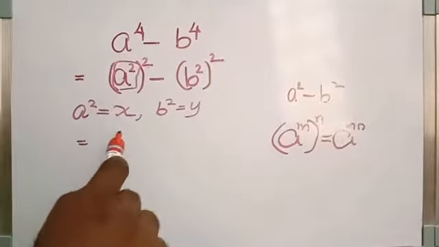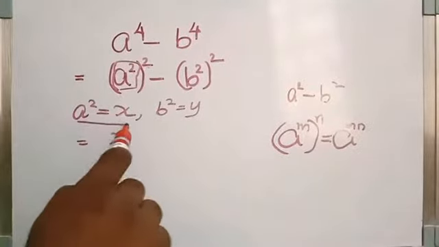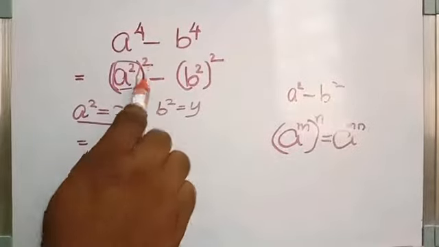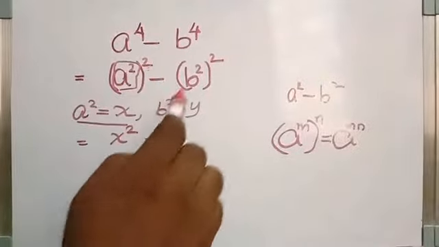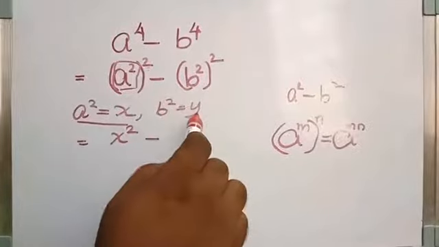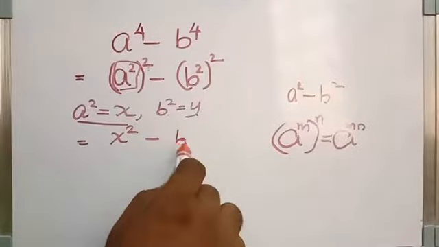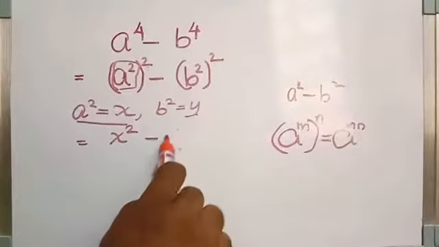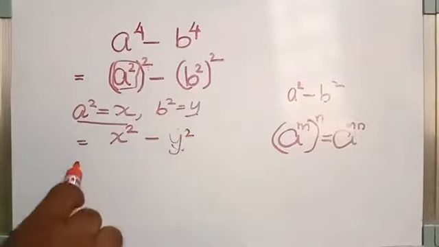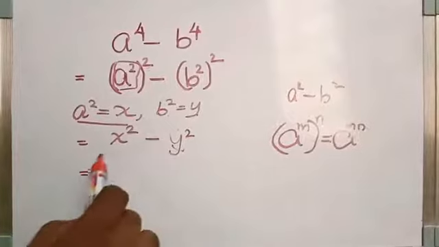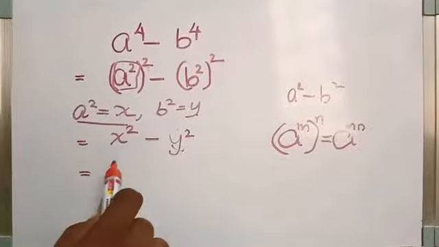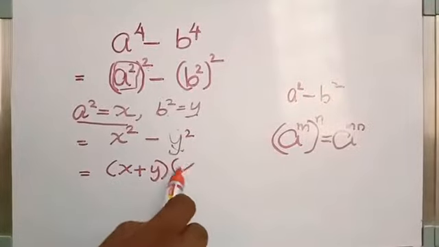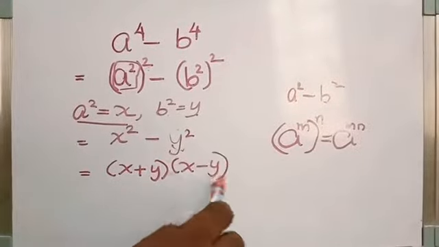So this a squared is assumed as x, and b squared is assumed as y, so it is y squared. Now you see what we are getting: x squared minus y squared. You know that is x plus y into x minus y.